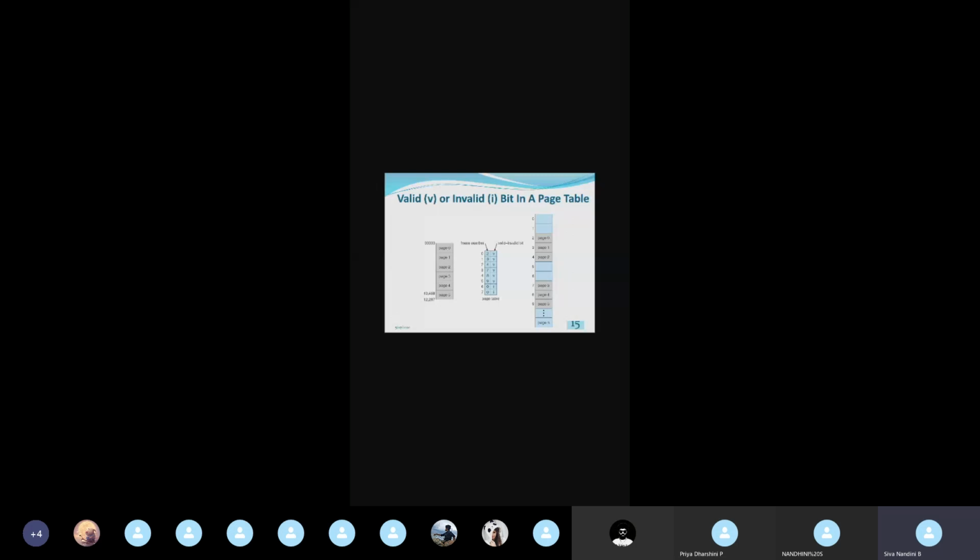It is accompanied by a new column, that is the valid or invalid bit. In this case, the logical memory has a process with 6 pages, but in the page table we are having 8 locations, from 0 to 7.